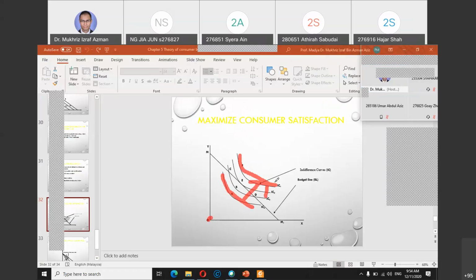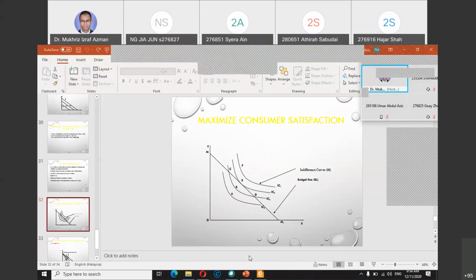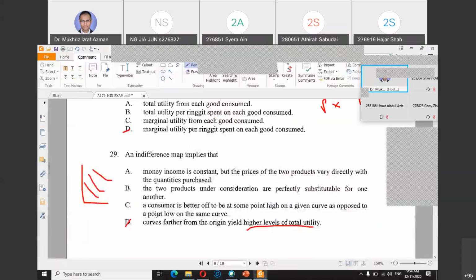Indifference curve IC1 gives you higher utility than indifference curve 4. The origin is 0, so the further you are to the right, the higher your total utility. That is what answer D means.